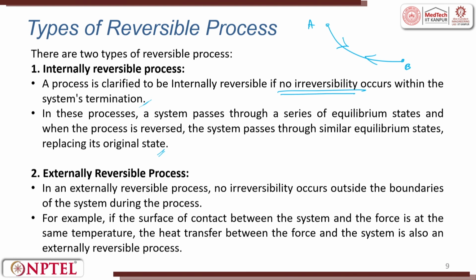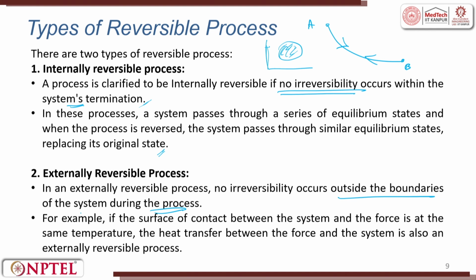What are external reversible processes? In an external reversible process, no irreversibility occurs outside the boundaries of the system during the process. Internal means within the system's boundaries, right? Within the system, this is a system, right? This is a surrounding. So, within the system, it is internal.